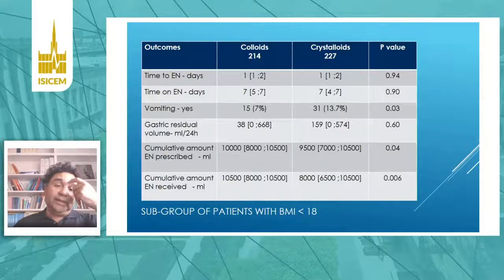Here one can see again that the two types of fluid strategy did not differ in terms of initiation and duration of enteral nutrition, but crystalloid treated patients were more likely to suffer from vomiting and gastrointestinal dysfunction as compared to colloid treated patients, with a significant impact on the tolerance of enteral nutrition, with patients in the crystalloid arm receiving much lower caloric intake than patients in the colloid treated arm.